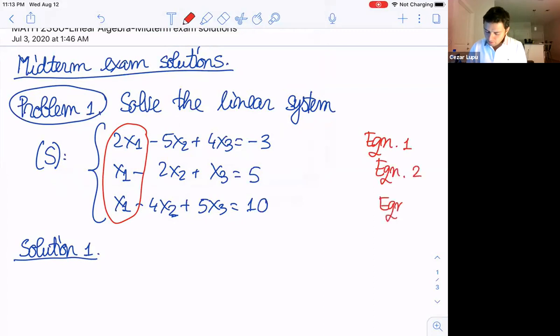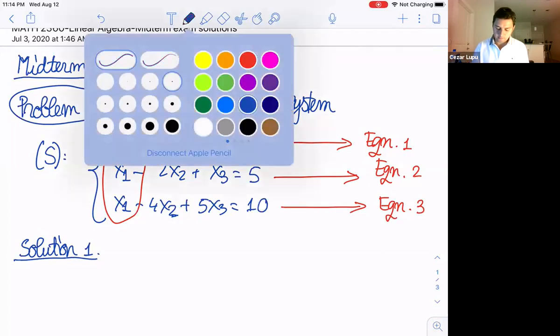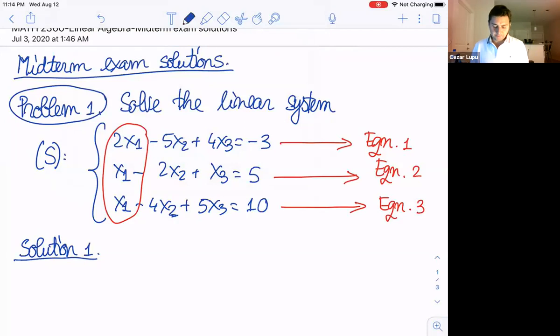And this will be equation 3. Okay, we have this. And now we want to eliminate one of the variables, and we have our eyes on the first one, on x1. And let's see what we can do.